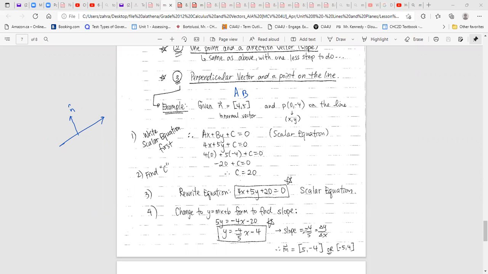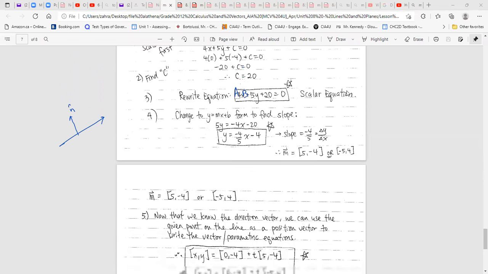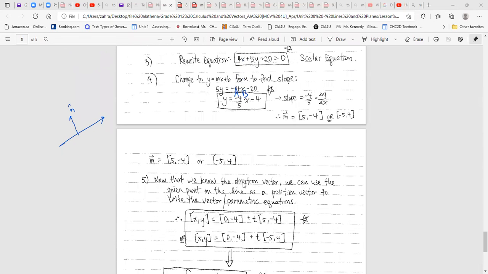And of course, slope is delta y over delta x. So your m is going to be -4 over 5, because it's x2 minus x1 in the denominator, and y2 minus y1 in the numerator. You can put the negative down, and you have -5 and 4 for the direction of your slope. You have 1 point, which is 0, -4.